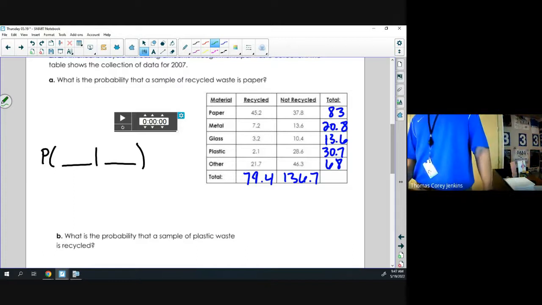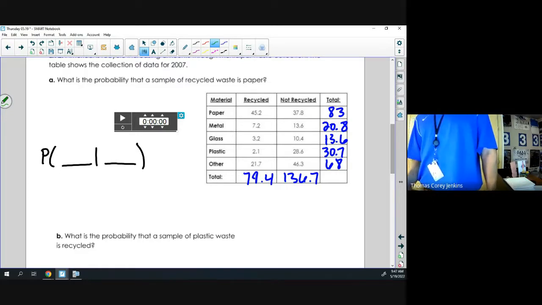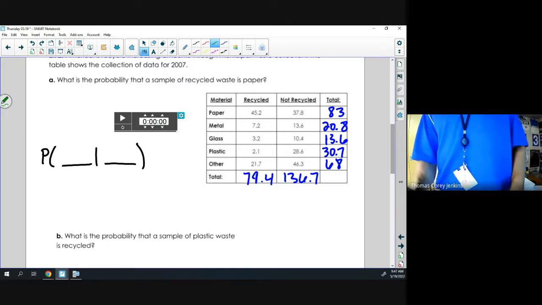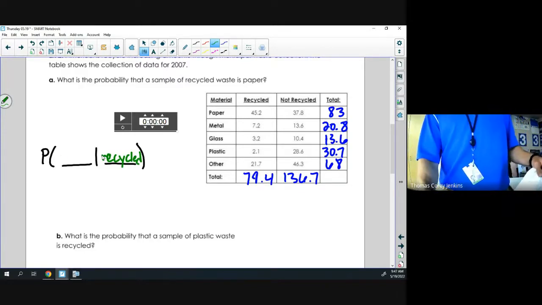All right. So A says, looking at the table there, what's the probability that a sample of recycled waste is paper? So this would be given that we're looking at recycled waste. So given recycled, that waste is paper.